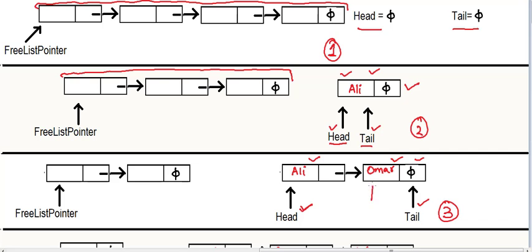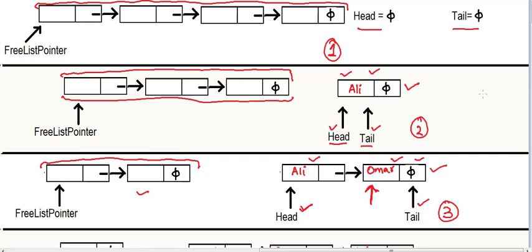This new node that has been added to our queue has been taken from the free list. So our free list previously had 3 nodes and now it is left with 2 nodes. So you can see that as the size of the queue is growing, the size of the free list is becoming smaller.